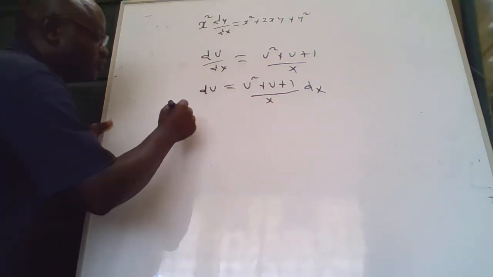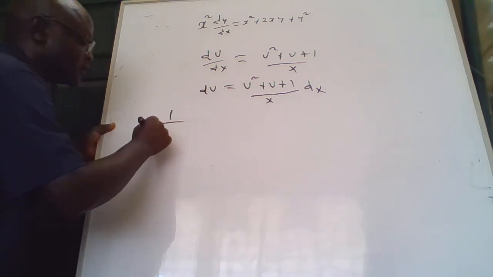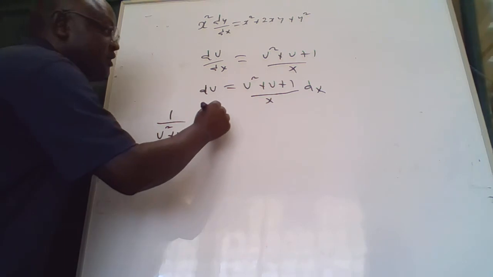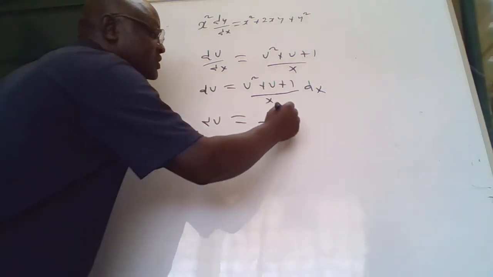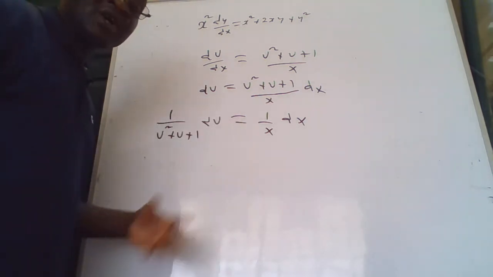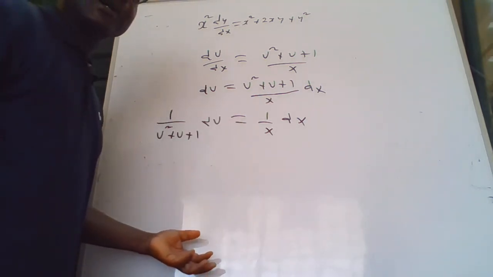Therefore, I have 1 over v squared plus v plus 1 dv equals 1 over x dx. So at this point, I have separated x and v.